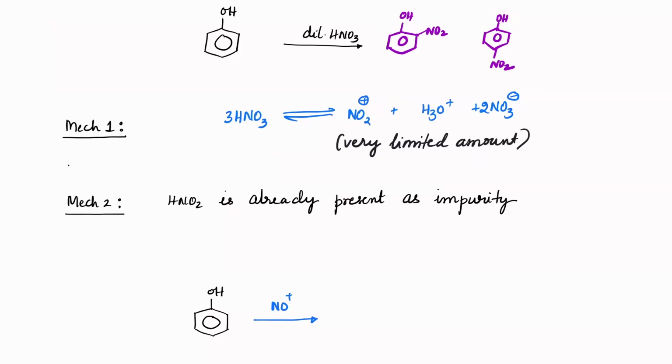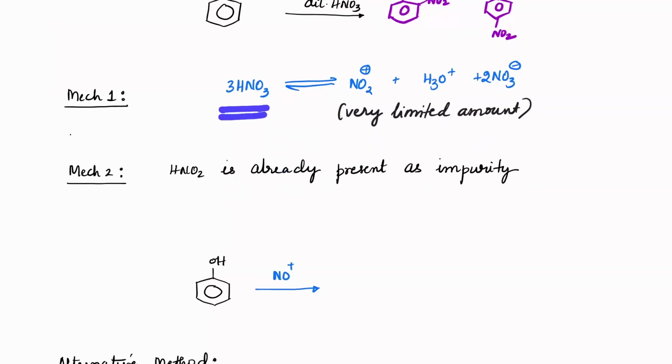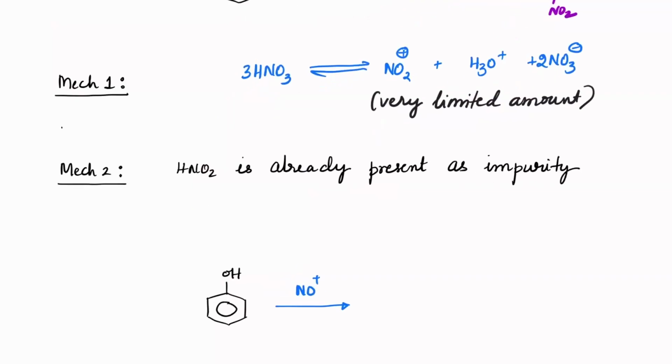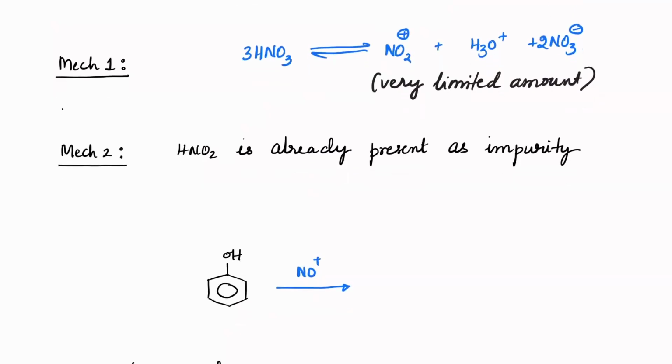But you also know that whenever there is HNO3, there is always an impurity of HNO2. So HNO2 will always be present as an impurity. And there is one problem with HNO2: it is unstable in acidic conditions especially.